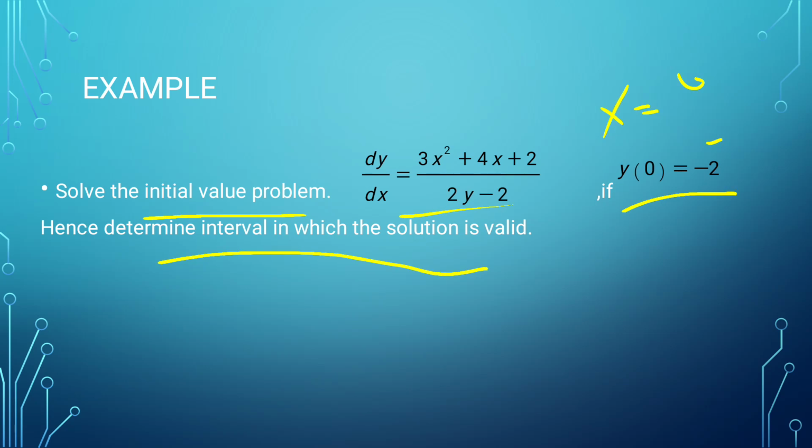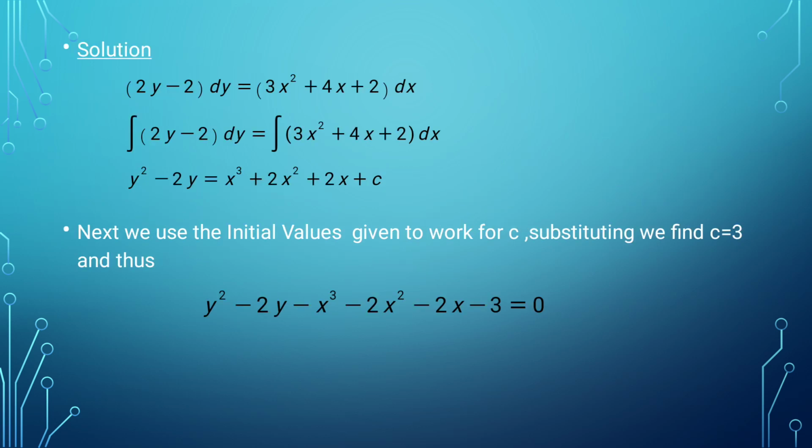So let's go deeper and see how we work on this. We rearrange: we put the terms of y on the left hand side and the terms of x on the right hand side.